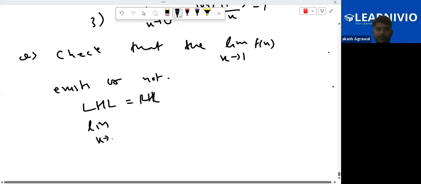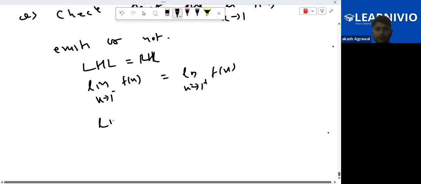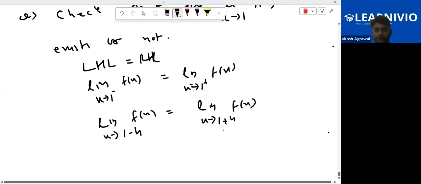So the limit x tending to 1 minus f of x is equals to limit x tending to 1 plus f of x. Okay, and this 1 minus, 1 plus means limit x tending to 1 minus h f of x should be equals to limit x tending to 1 plus h f of x. Okay, yes or no, everyone?